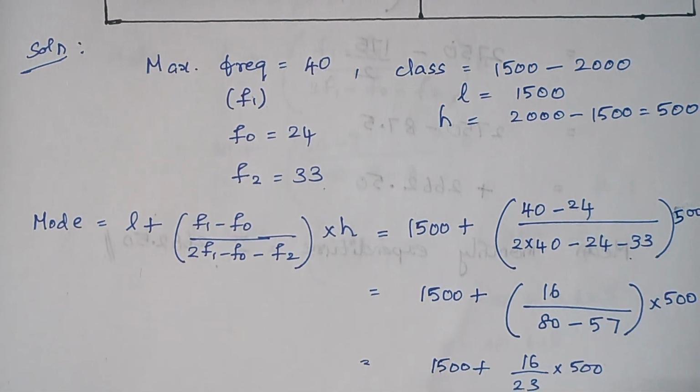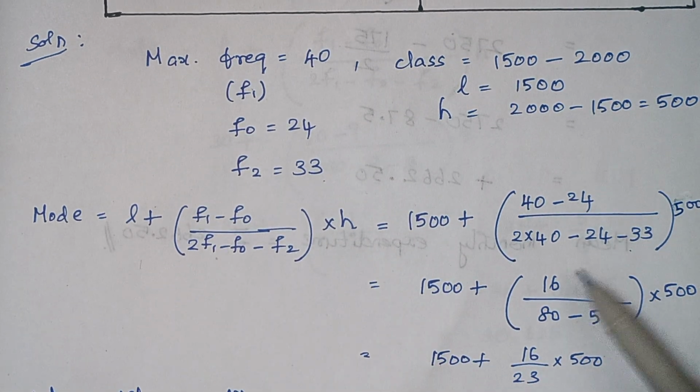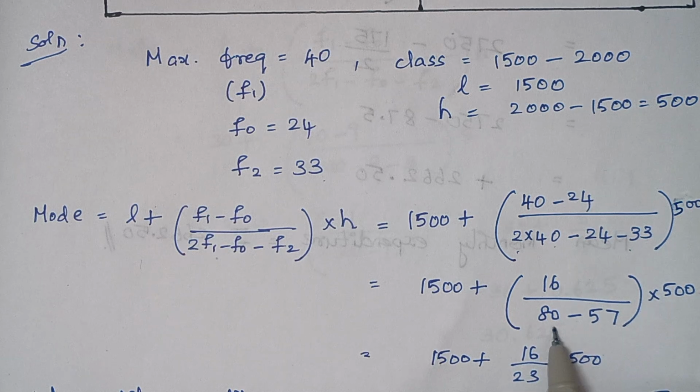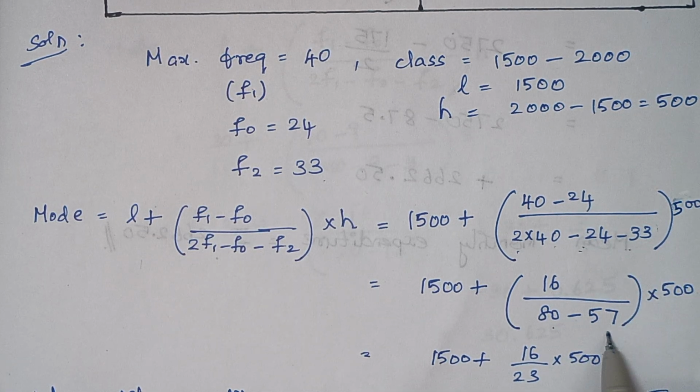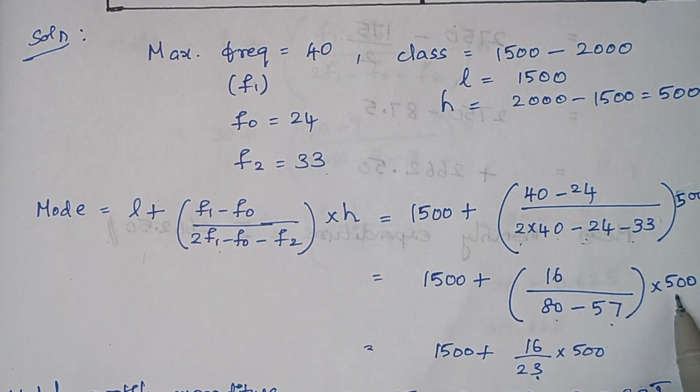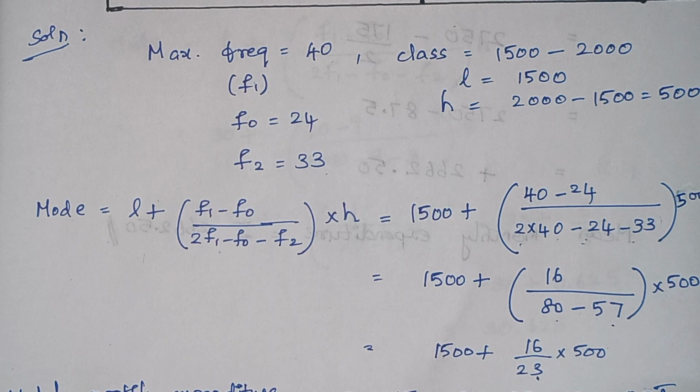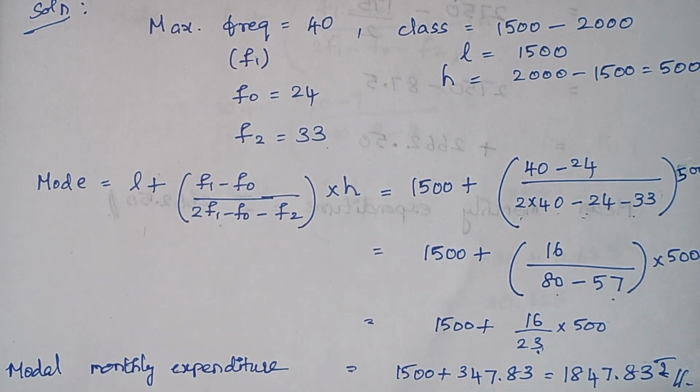Right. Now again 40 minus 24 gives you 16 and 2 times 40 is 80. So 80 minus the sum of 24 and 33, which is 57. So 80 minus 57 gives you 23, multiplied by here 500. Right. So again when you solve, okay, 16 into 500 divided by 23, this gives the answer 347.83.